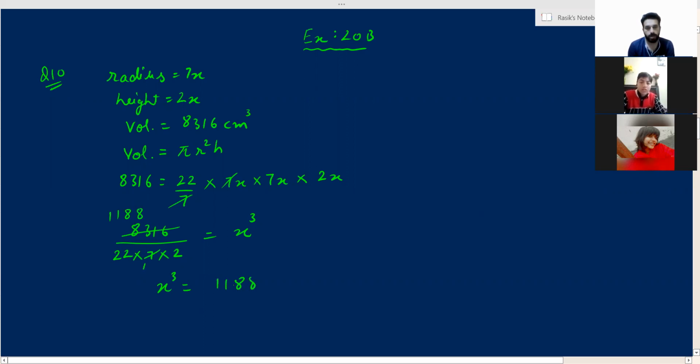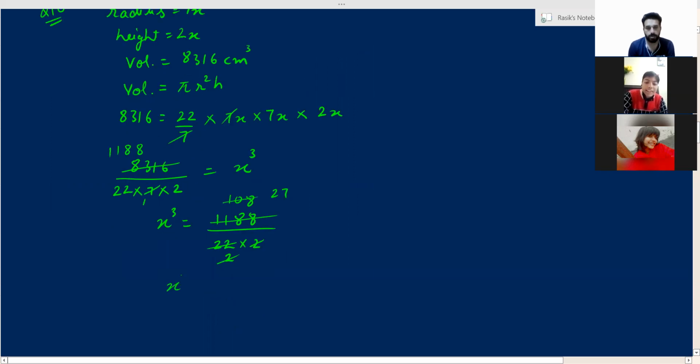So 1188 divided by 22 into 2, you can divide by 11, 108. Now we can divide by 4. On dividing by 4 you get 27. So x cube is equal to 27.